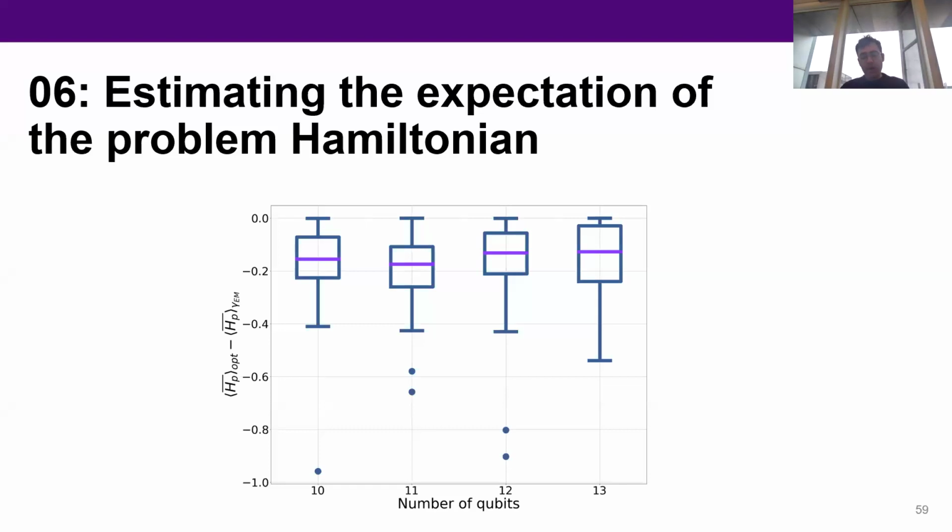And we could plot this for 100 instances for small problem sizes between 10 and 13. And as you can see, we're doing pretty well, being on average within a cut of the optimal value of HP. So here we've shown that we can optimize our continuous time quantum walks in a pretty straightforward manner by assuming thermalization and a model for the density of states.